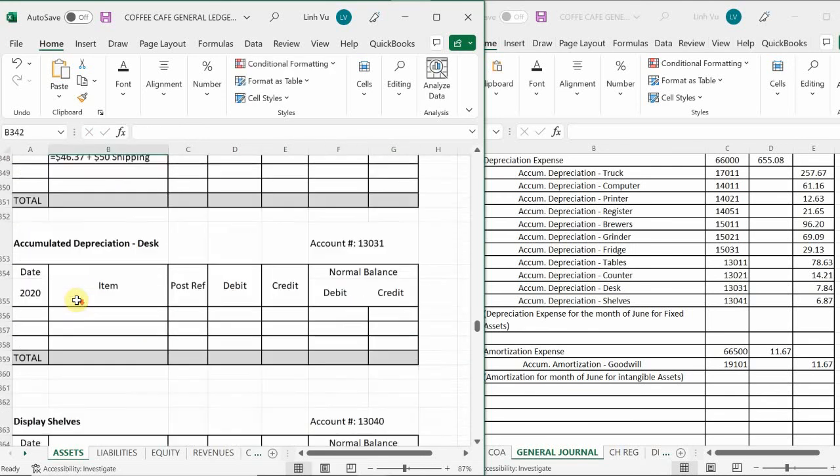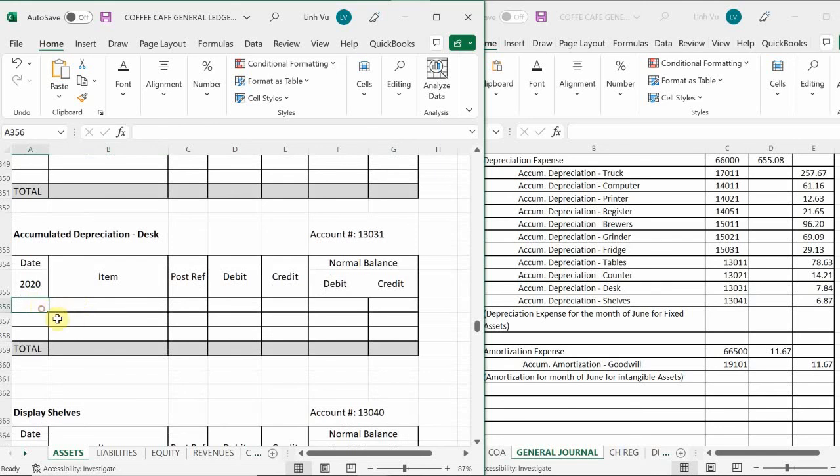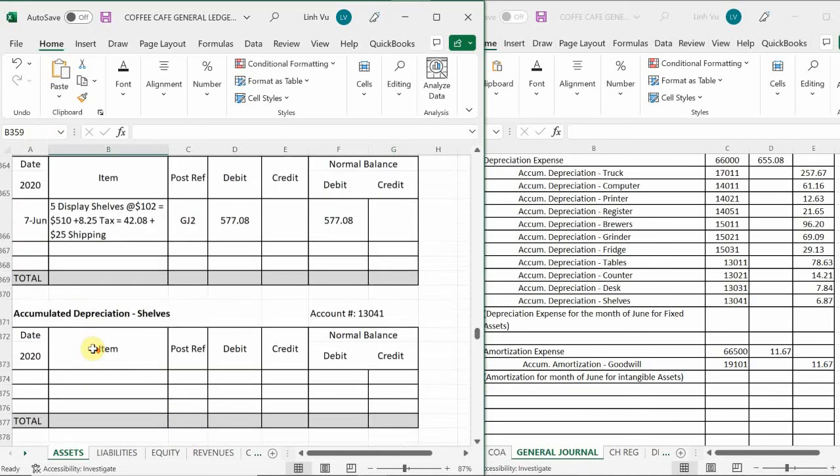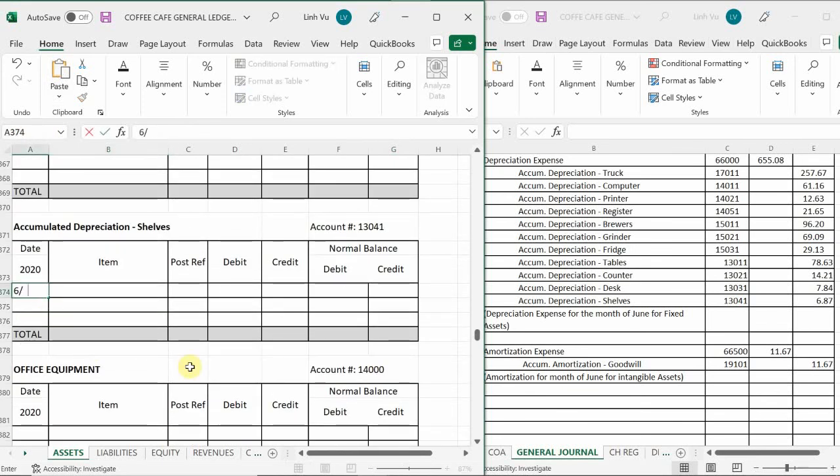Down to the desk, adjustment, page 24, credit of $7.84. And then the shelves, 630 adjustment, page 24, and the credit is $6.87.